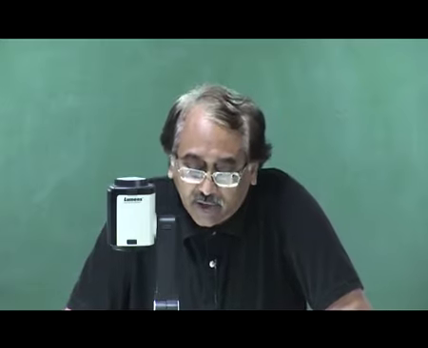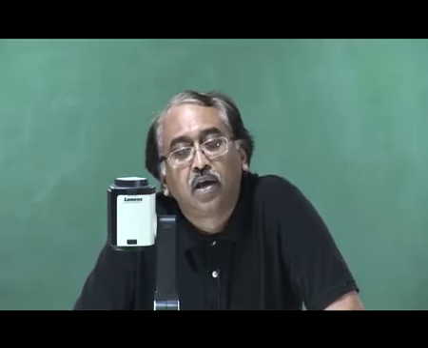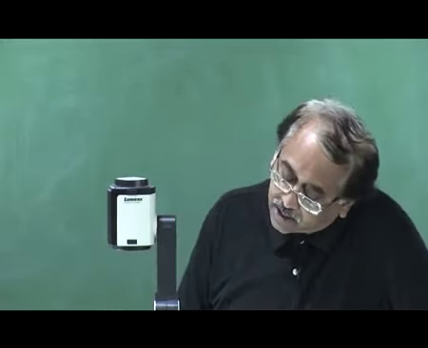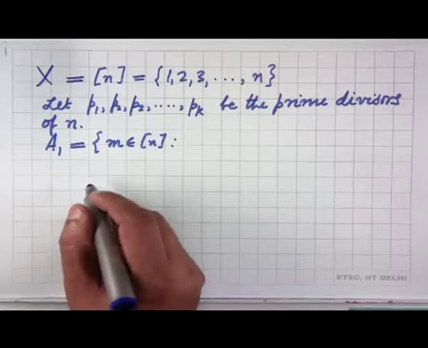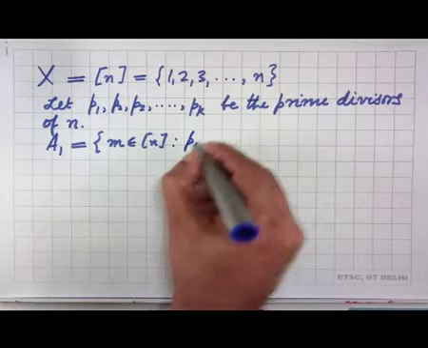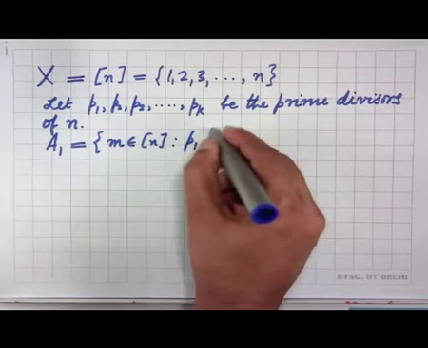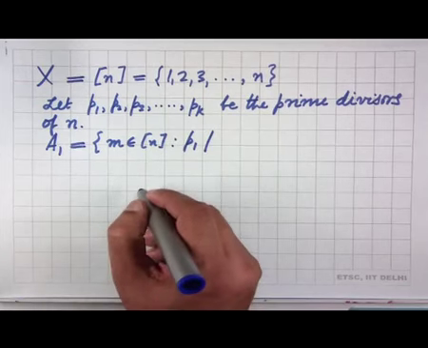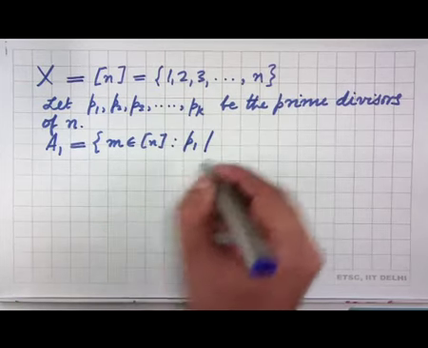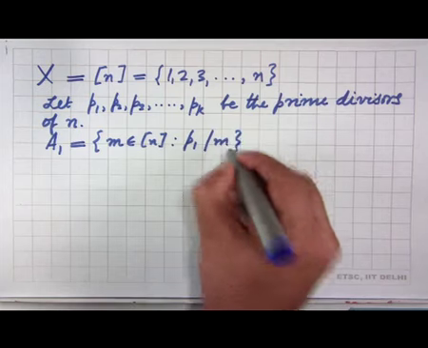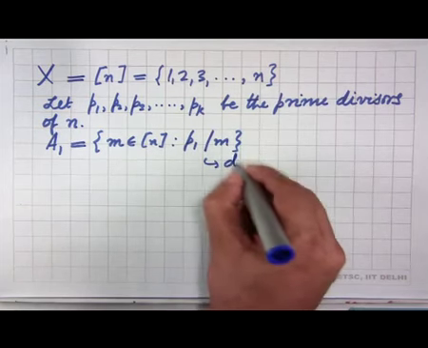So in some sense, the Ai's have to be numbers that have something in common with n. So the first thing I do is I look at all these numbers m between 1 and n, so that p1 divides m, and that vertical line there is the mathematical symbol that says divides. So the symbol here is divides.